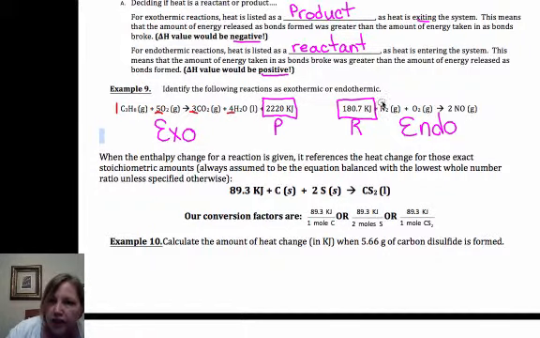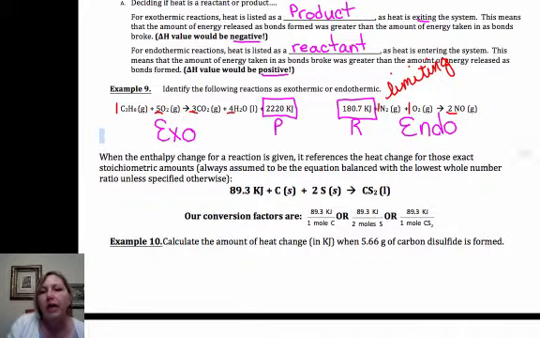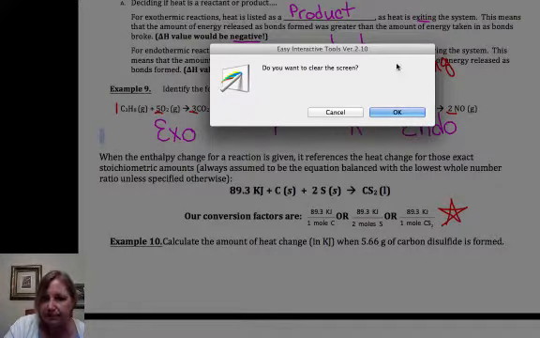In this reaction, for every 1 mole of nitrogen that I react, or every 1 mole of oxygen that I react, depending on what the limiting reactant is, I'm going to require that much energy to form 2 moles of NO. So you see, we get a series of conversion factors that can be used when we are given the enthalpy change of a reaction.